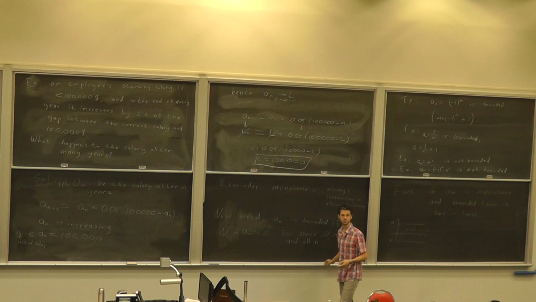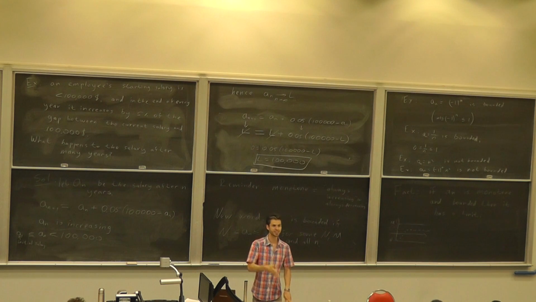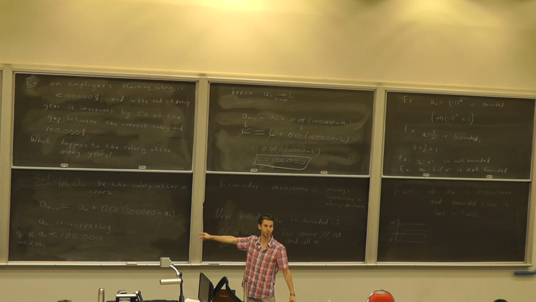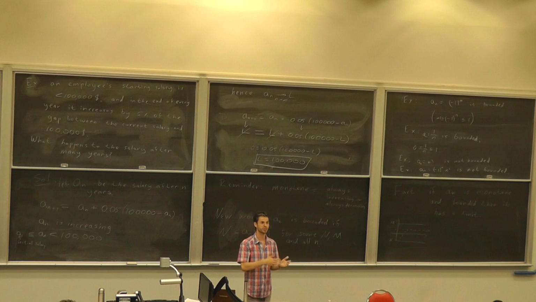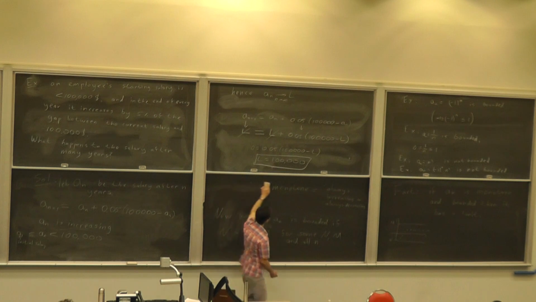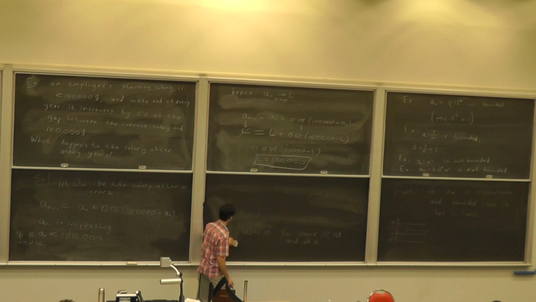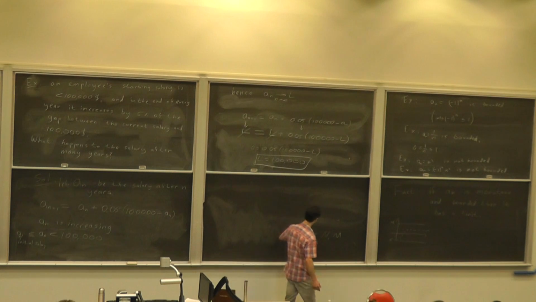After many years, the salary of the employee is never going to become exactly 100,000 because we just observed that it's always smaller. But it's going to be closer and closer to 100,000. It will approach 100,000 and be very close to 100,000.